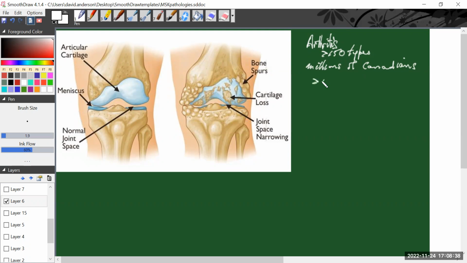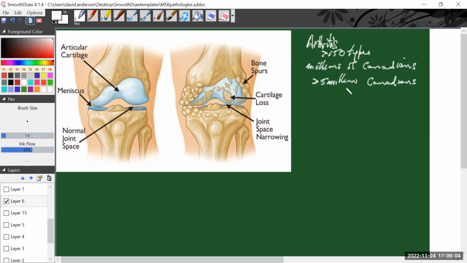There's probably in the vicinity of 5 million Canadians annually identified with some form of arthritis. And it basically means that the total number of Canadians with arthritis is going to be increasing every year.